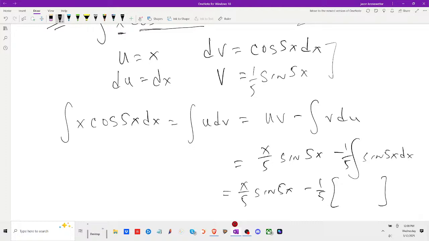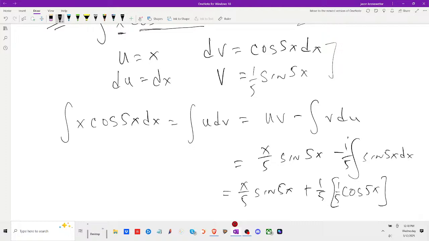Okay, and then I have minus 1/5, and then the antiderivative of sine 5x, you see I already did it right here, or something like it. The thing whose derivative is minus sine 5x is cosine 5x. But then I need another 1/5 out in front. Ignore this 1/5 right here for the time being. Now, I also have to put a plus here, and here's why. Because this was a minus, the antiderivative of sine is negative cosine.